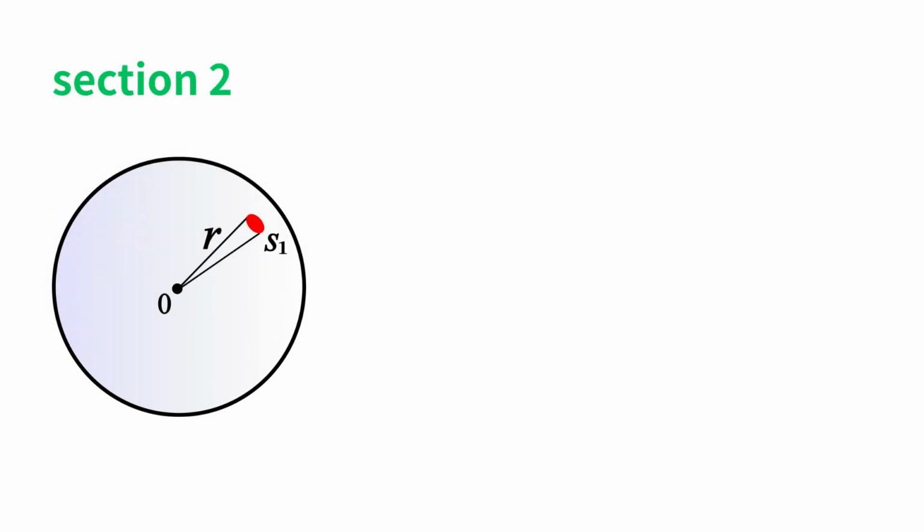Section 2. This explanation is a bit more intuitive. The basic idea is actually the same as before. Look at this diagram. Draw a very tiny circle on the surface of the sphere, so tiny that you can barely see it. That red spot right there.